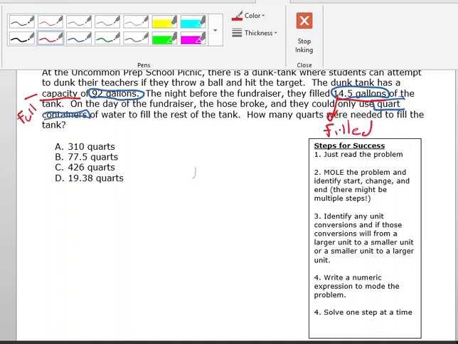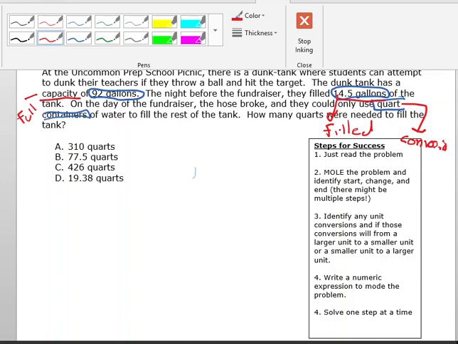Okay. And then they had to use quart containers. How much was needed to fill the rest of the tank? So I have this quart, so I'm going to have to do a conversion. And you guys are going to get conversion charts on your state exam, and basically on any math test you have from here on out, you'll probably get a conversion chart.